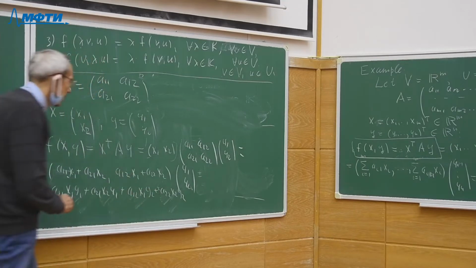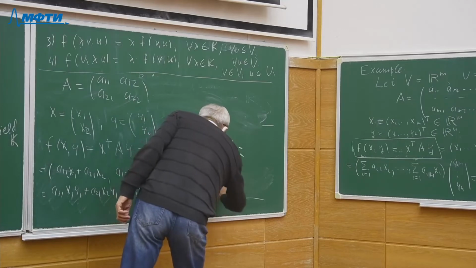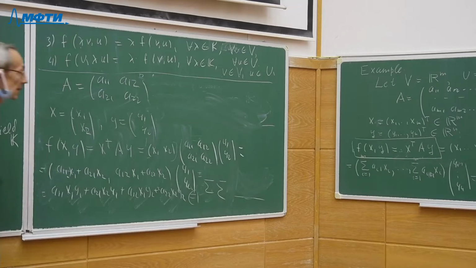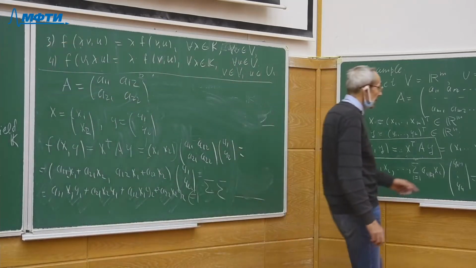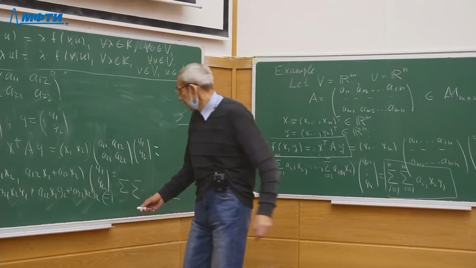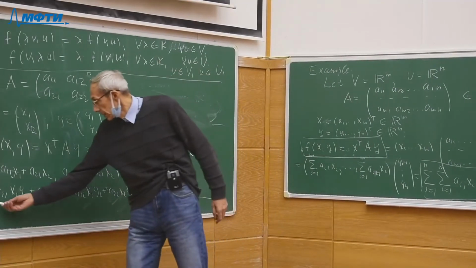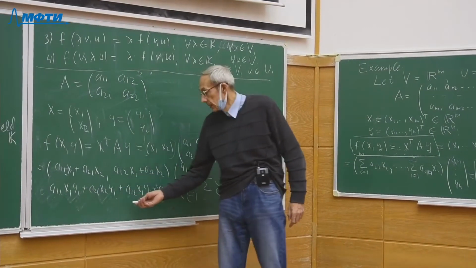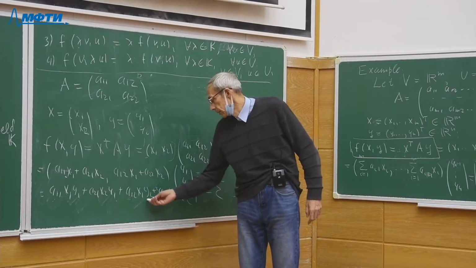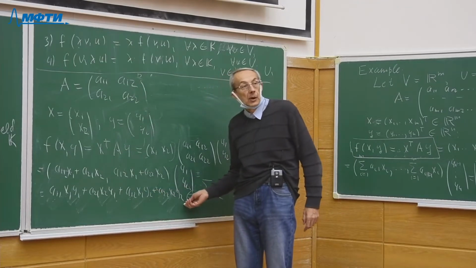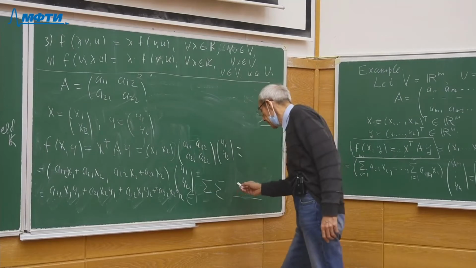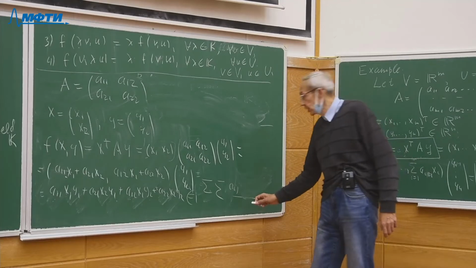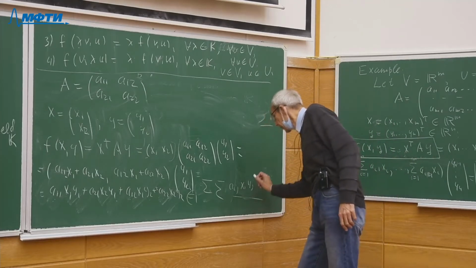And we can rewrite this product using the notation for the sum. Easy to see, the indices are 1 1, 1 2, 2 1, 2 2. What does it mean? I must rewrite this formula as a product a_ij x_i y_j.